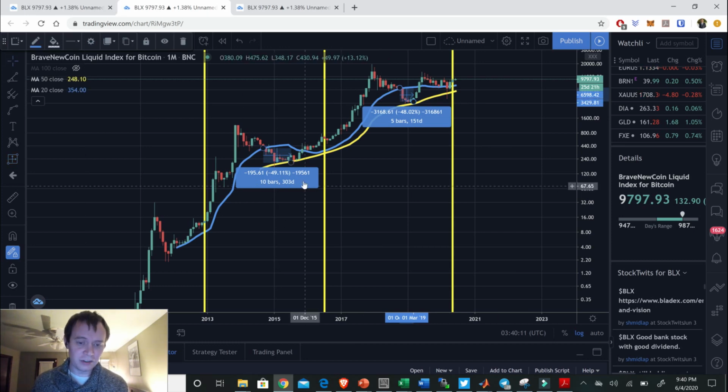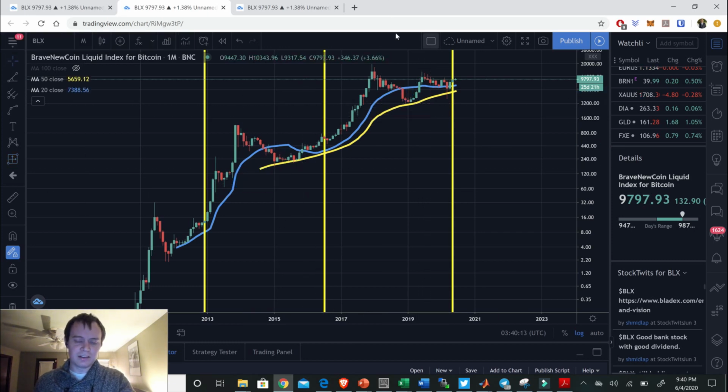One of the things that's interesting about these monthly candles is what you notice: we had our capitulation over here in this cycle, and we had it again here. The recent capitulation we had in March barely even shows up on this graph, because it happened so quickly.